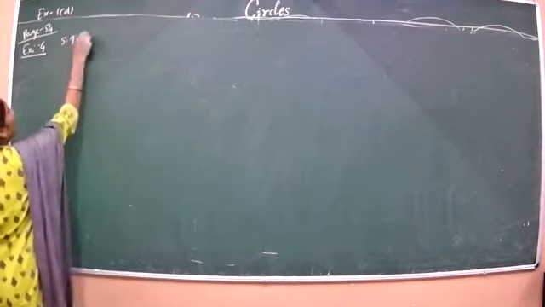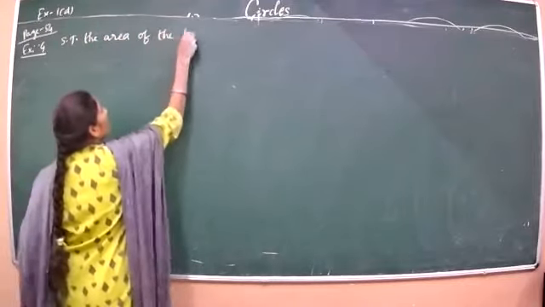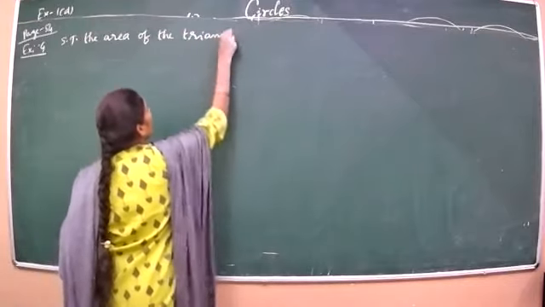Show that the area of the triangle. How is this triangle formed?